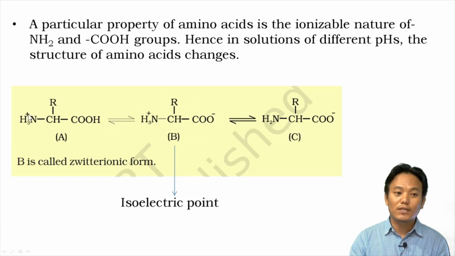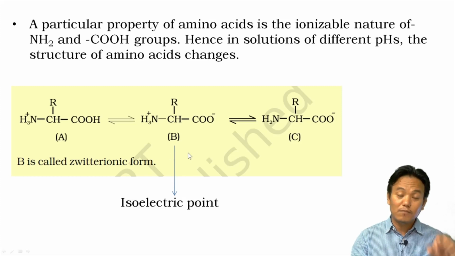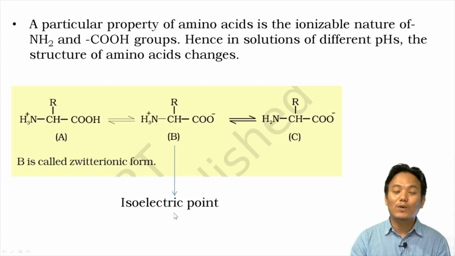Positive charge, negative charge, zero charge. This structure is called a Zwitterion. That is the same thing. This is called a Zwitterion. The particular pH point at which an amino acid will occur as a Zwitterion is called the isoelectric point.